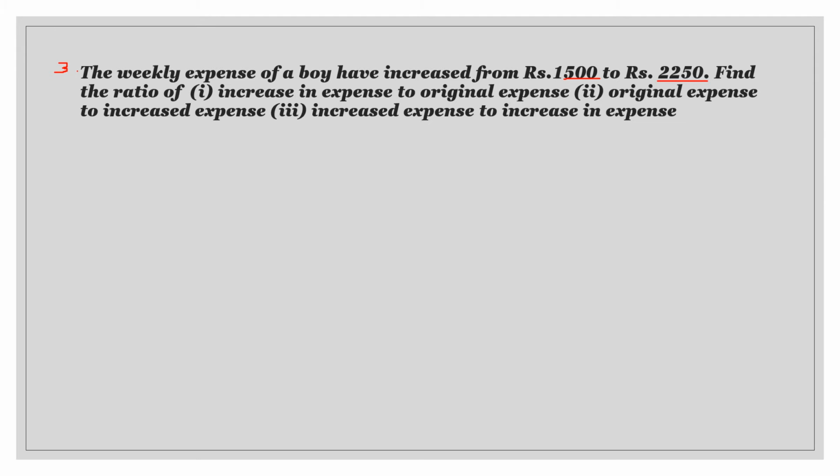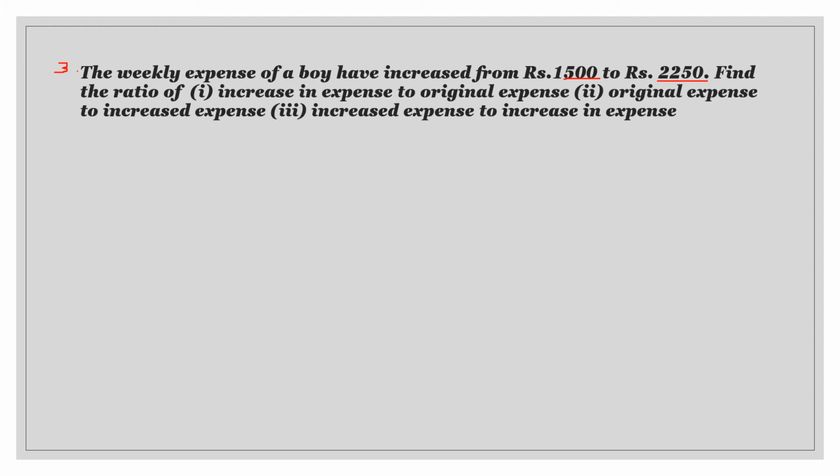You have to find the ratio of increase in expense to original expense. So this is our original expense, and this is our increased expense, how much it has increased to. So what is the increase in expense? By how much has it increased? That we have to find out.